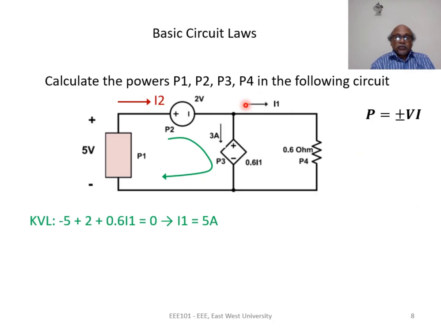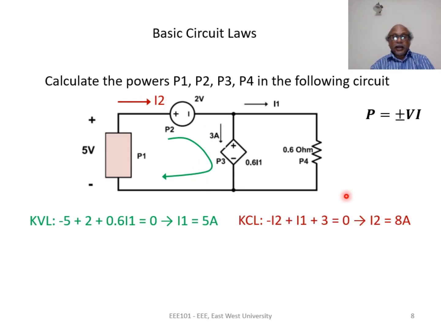Okay, now let's look at this node. There are three branches with three currents. This branch current is I2, which is entering the node. This branch current is I1, which is leaving the node. And this current is 3 ampere, which is also leaving the node.